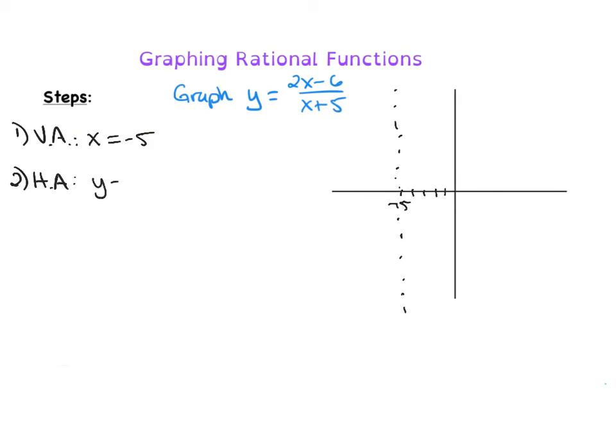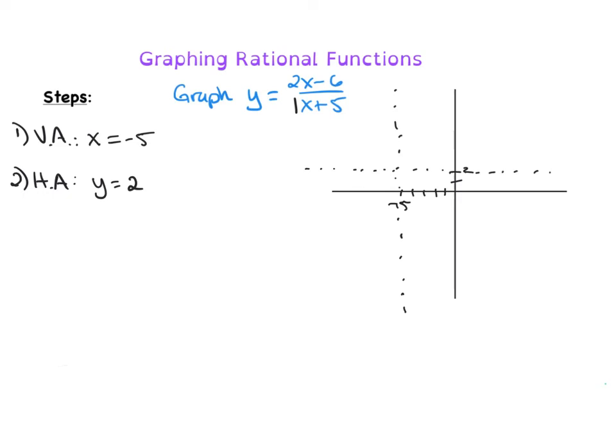So in this case, if you want to reduce the 2x over x, just the first term in the numerator and the first term in the denominator, that's fine, but it will always be the fraction of their coefficients. So it will always be, if you want to think of these x's reducing, 2 over 1 or just 2. So I'm going to erase this and write y equals 2. And let's plot that. So y equals 1, 2.